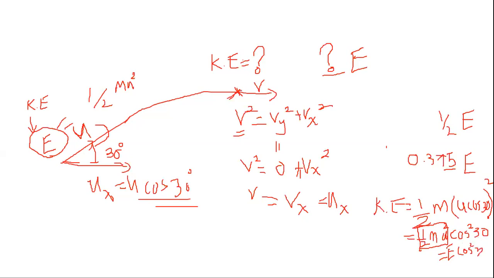So can you put cos 30 squared? How much do you get? 0.375?